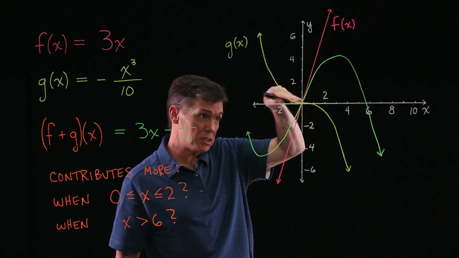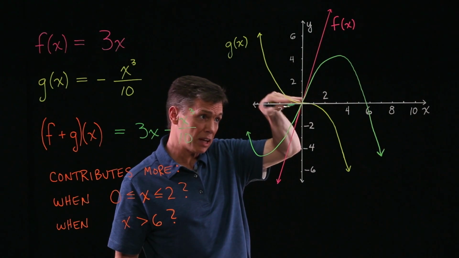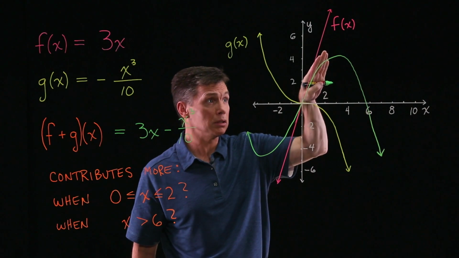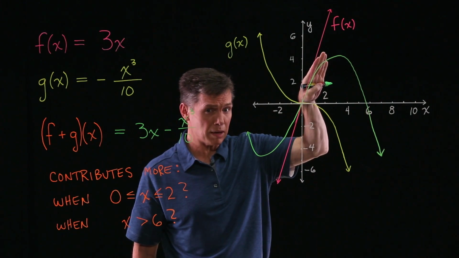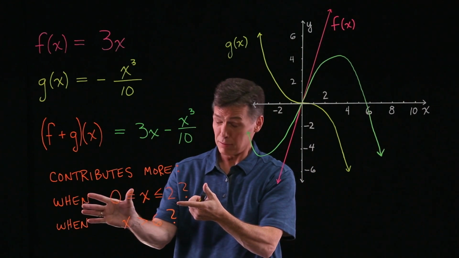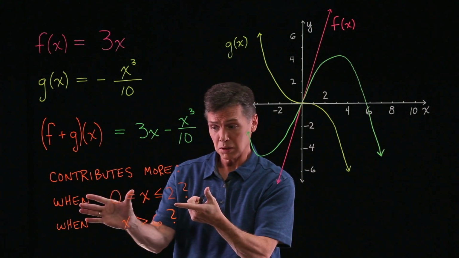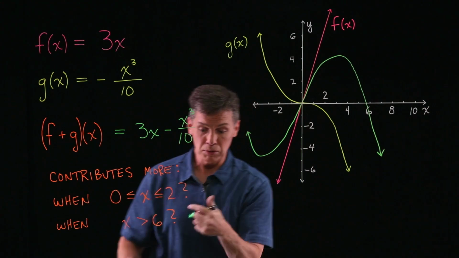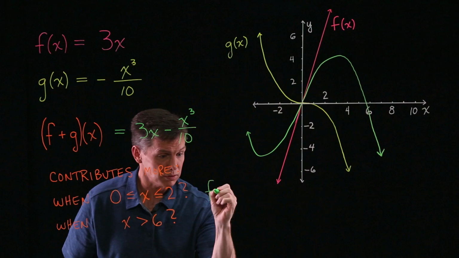Whereas the yellow graph, the g of x, that's flat here. That's actually down towards 0. And the green graph is definitely high up here, similar to the pink graph, the f of x. So my answer is which function, f or g, contributes more to the magnitude of f plus g? Just between 0 and 2, I'm going to say f of x.